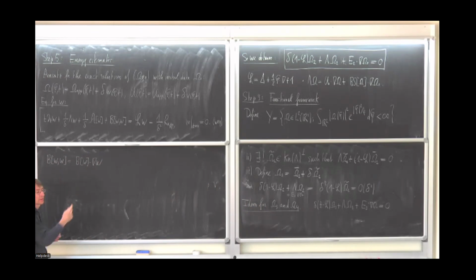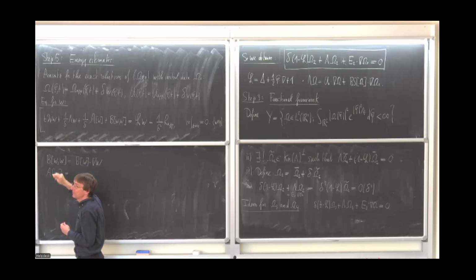Now we have more linear terms because we write a perturbation of omega r plus something. So A of W is the advection term, except for the part that has been written explicitly. Here I added and subtracted the same term. I made this term appear, but the same term will be subtracted in the definition of A, just to have something cleaner.